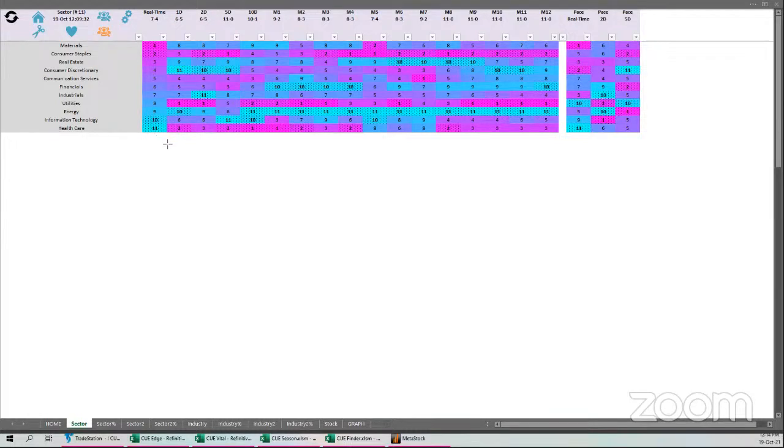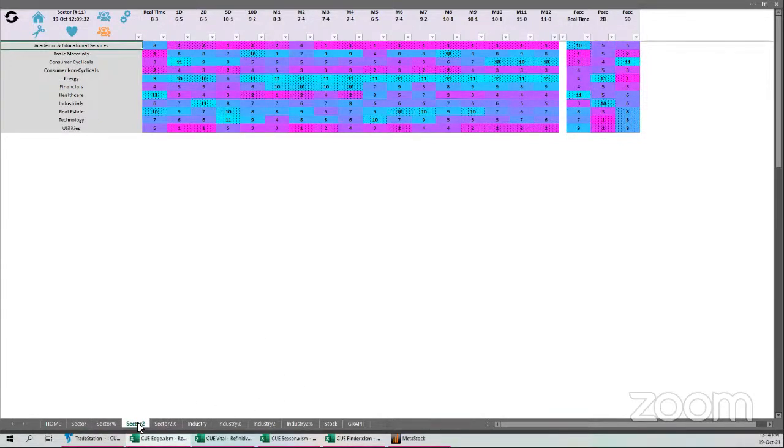Now, before drilling down, let me show you that the same organization is there for the alternate sector scorecard also. Real time to 12-month and 3 pace columns. And remember, I mentioned alternate classification has a sector dedicated to academic and education services, and it was weak for a long time.